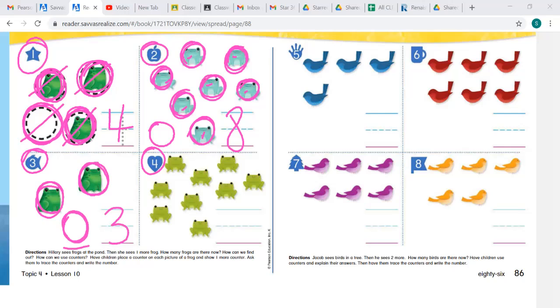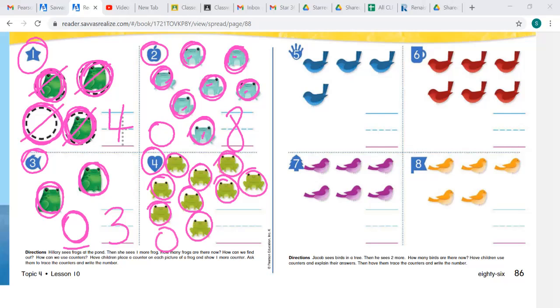Number 4, let's put our counters over the frogs. 1, 2, 3, 4, 5, 6, 7, 8, 9. 9 frogs, and we see one more.